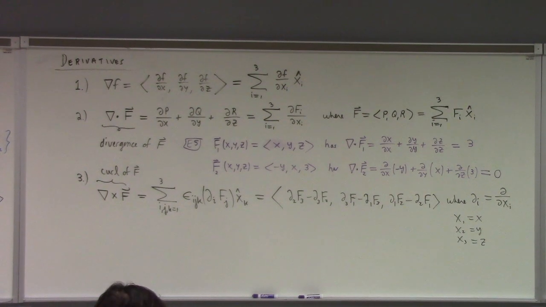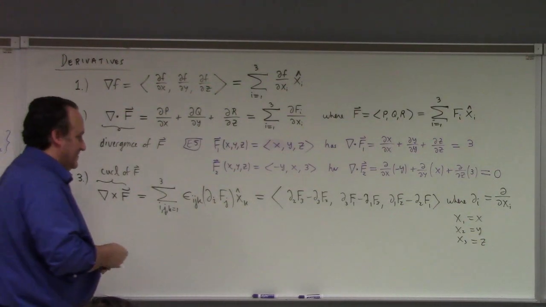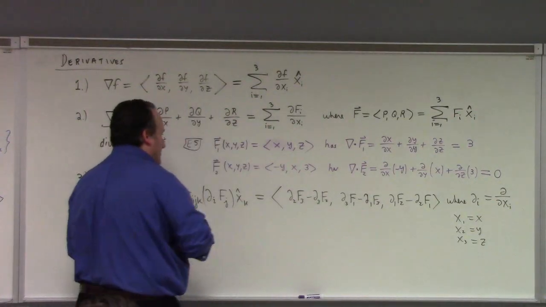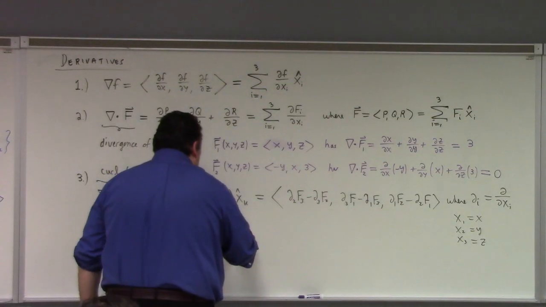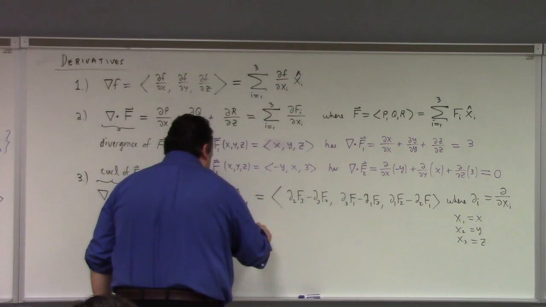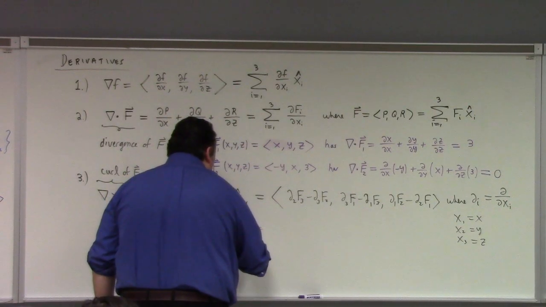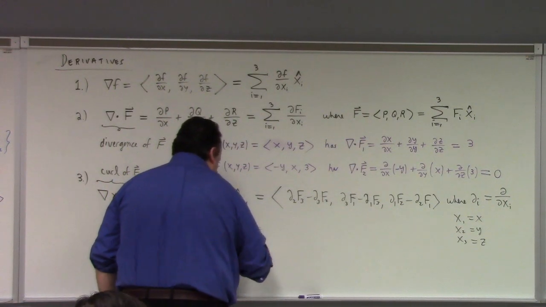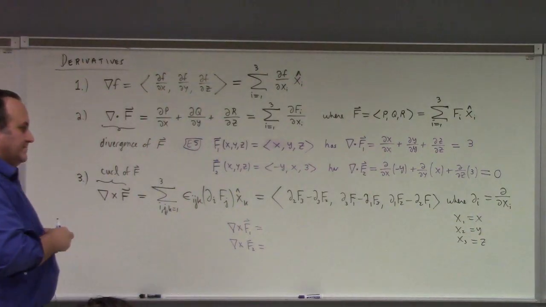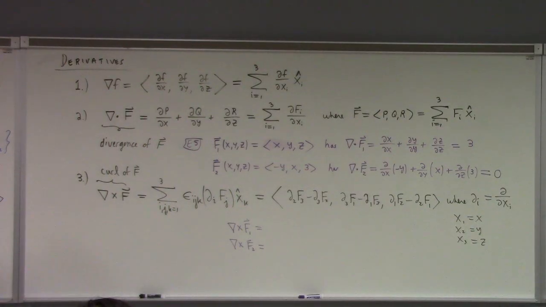Now you can ask me, what does that mean geometrically? And the answer is, it says something about a vector field curling around something. Like we can calculate the curl of f1 and the curl of f2 here. Look at how the formula is just like the cross product.